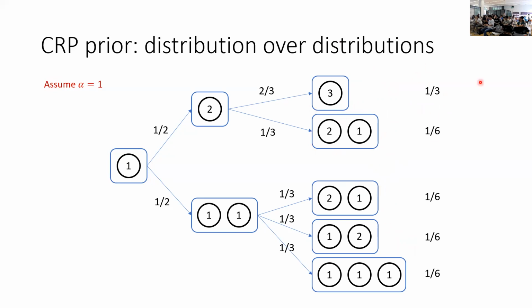As you can see, the CRP implies a distribution over the distribution of customers over the tables. Each of these possibilities is one distribution, and the CRP prior is a distribution over these distributions.